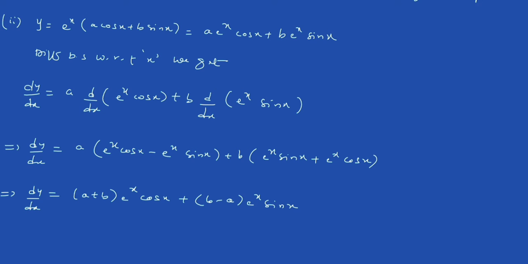Can we write like this? a e to the power of x cos x plus b, we have taken these two terms one side and these two terms other side, right? So a plus b is e to the power of x cos x plus b minus a into e to the power of x sin x.